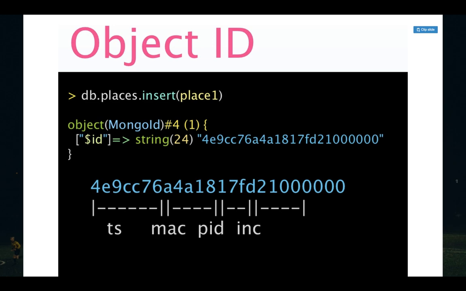The first is the timestamp, second is the machine ID, third is the process ID, and fourth is the increment. This is how Mongo is able to create a unique ID for each document.